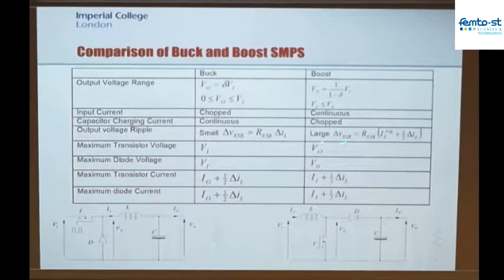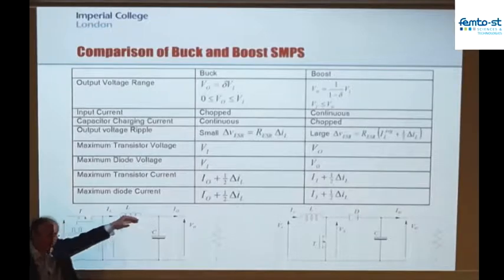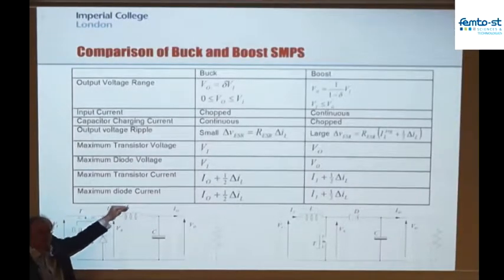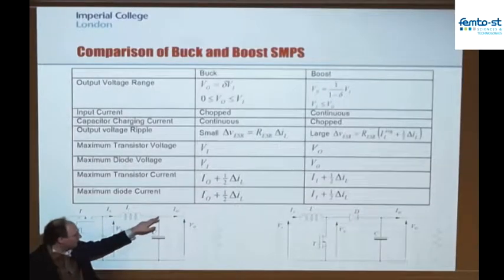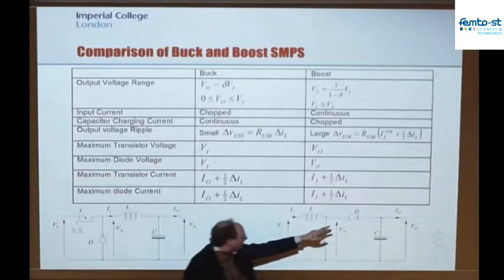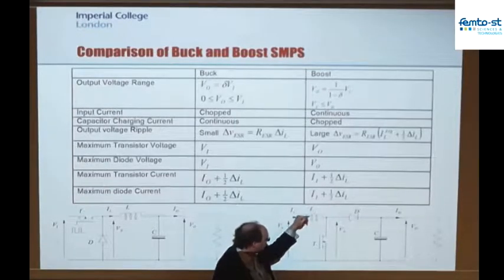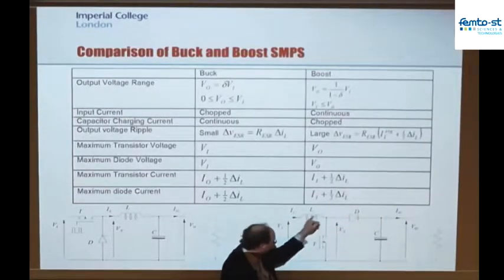The voltage ripple on the output for a boost tends to be worse than it is for a buck, because in the buck, typically you've got a fairly smooth current in the inductor, which has got some ripple on it, but it's generally a smoothish current feeding the output. That's not the case here. The smooth current is on the input, and you're sometimes passing that inductor current through to the output. Sometimes you're not.